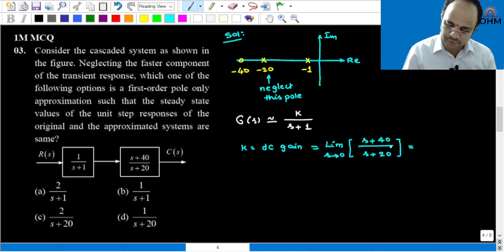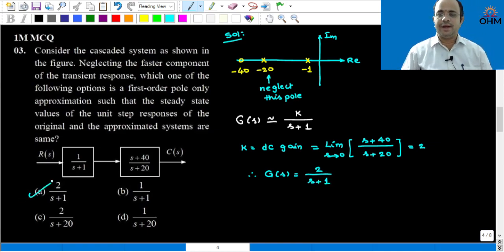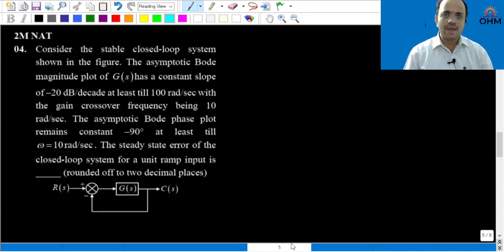This will give you 40 by 20, which is equal to 2. Therefore the required transfer function is 2 divided by S plus 1, and hence option A is satisfying the given answer. Next, question number 4.